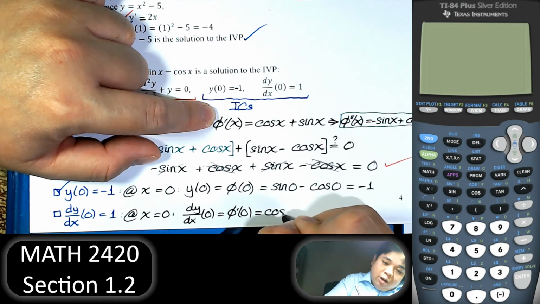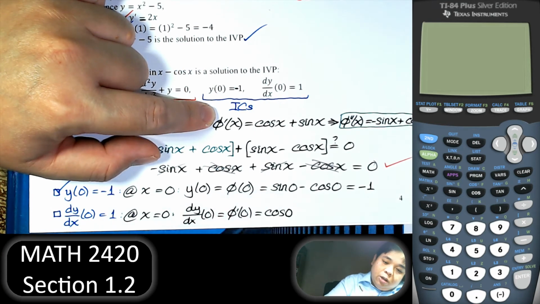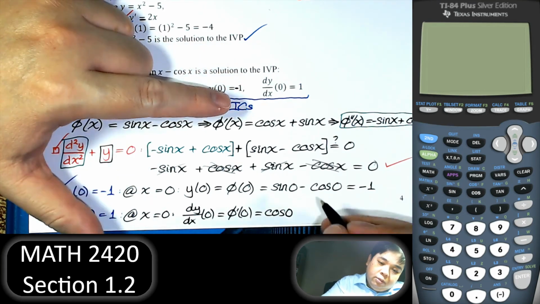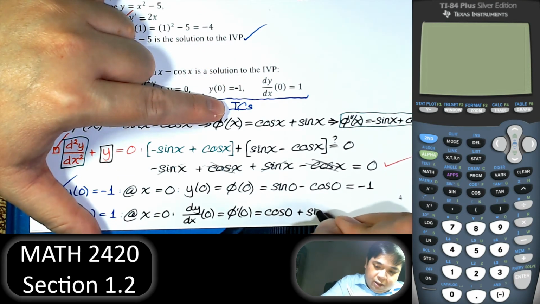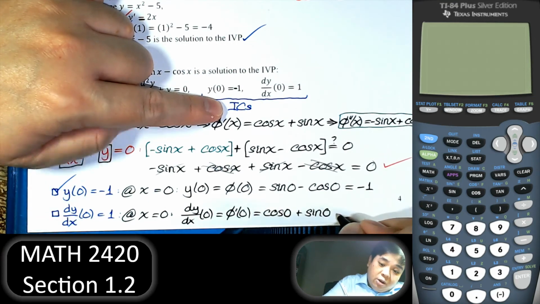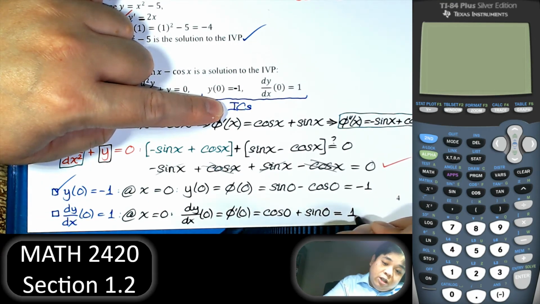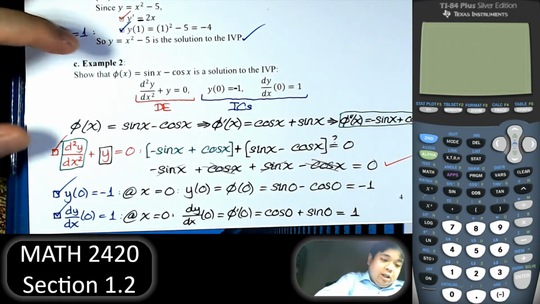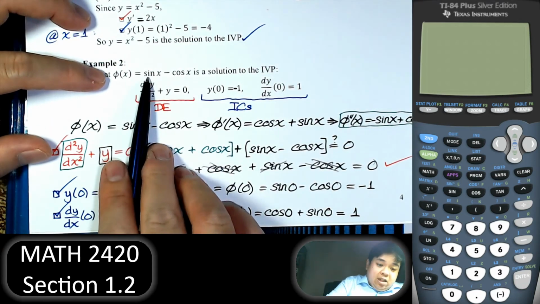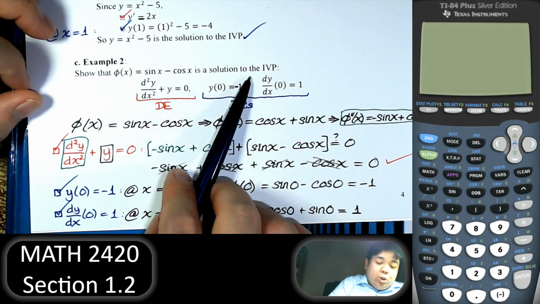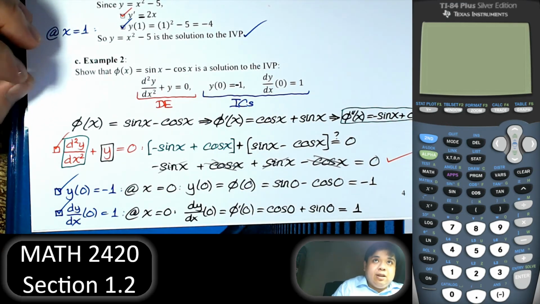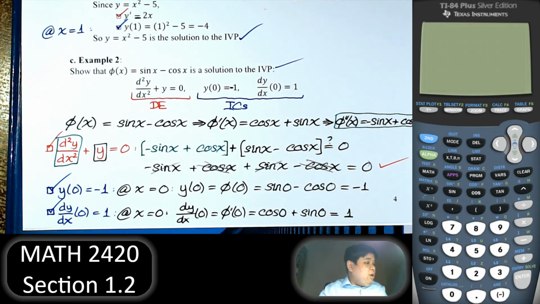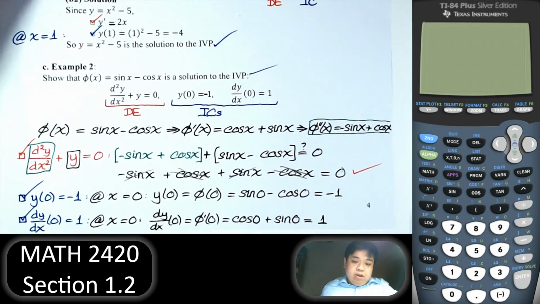So we have cosine of 0 plus sine of 0. Once again, sine of 0 is 0, cosine of 0 is 1, so this is equal to 1. Yes, so that checks. So this is a solution to the initial value problem. We just check the differential equation and all the initial conditions.